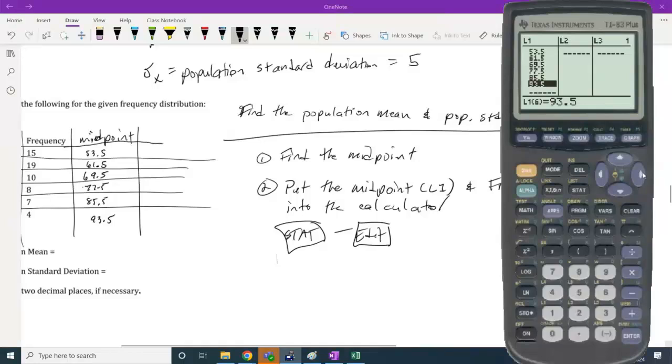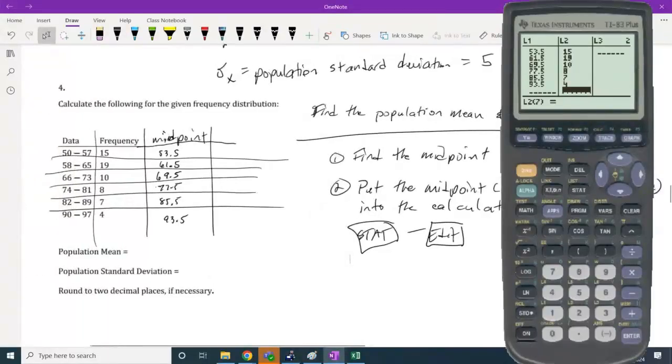And we're going to put in list 2 the frequencies. So I have the midpoints as list 1 and the frequencies as list 2.